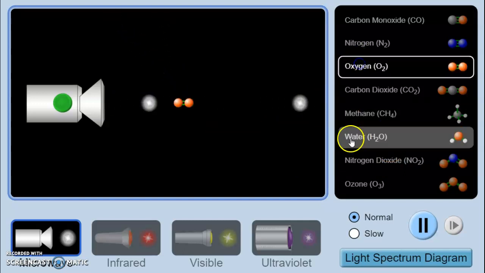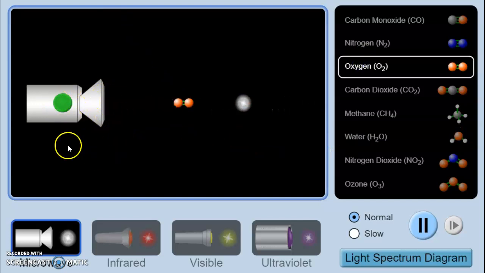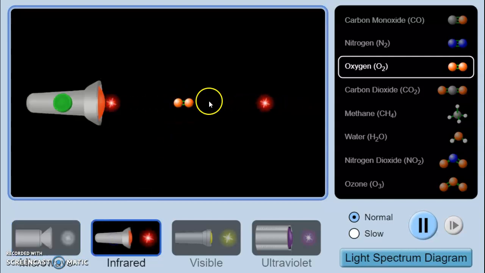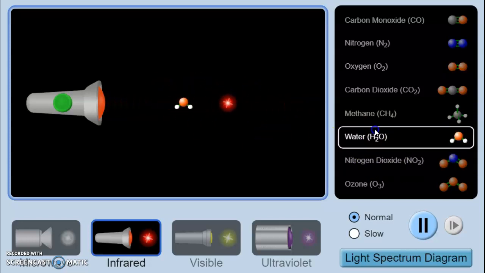But if you change it to oxygen, it does not absorb microwave light, so it will not rotate. If we try it with infrared, there's no dipole moment change for oxygen, but with the water molecule you will observe some vibration.